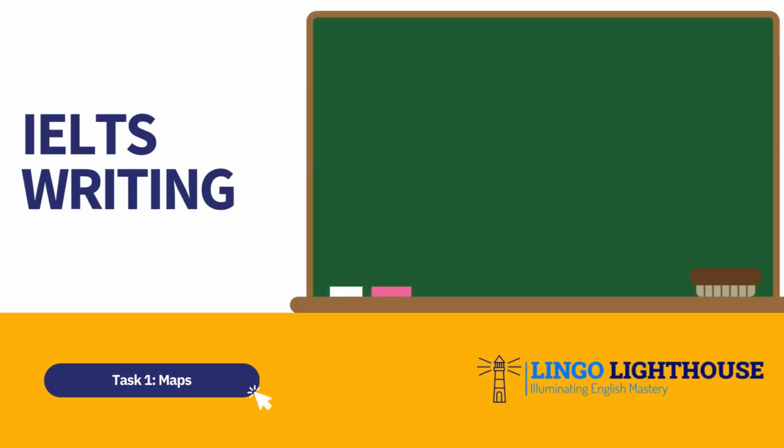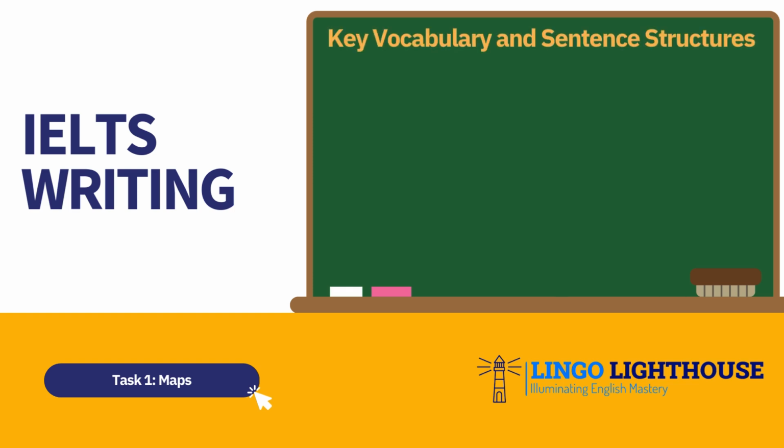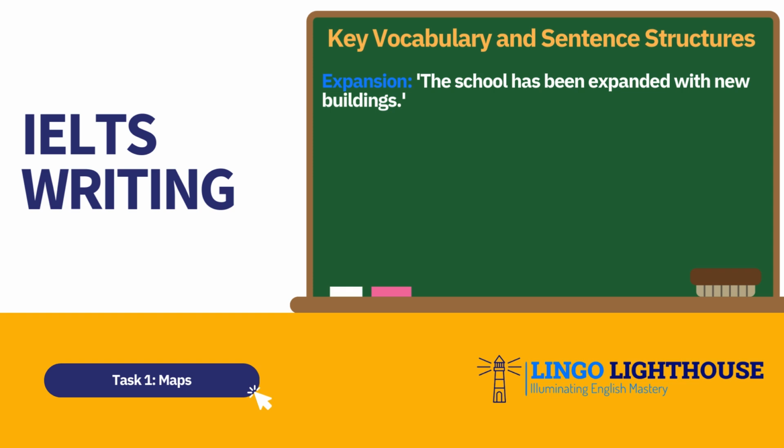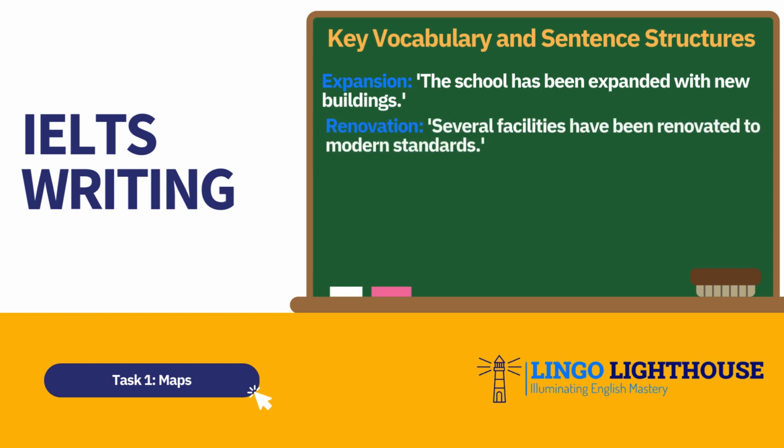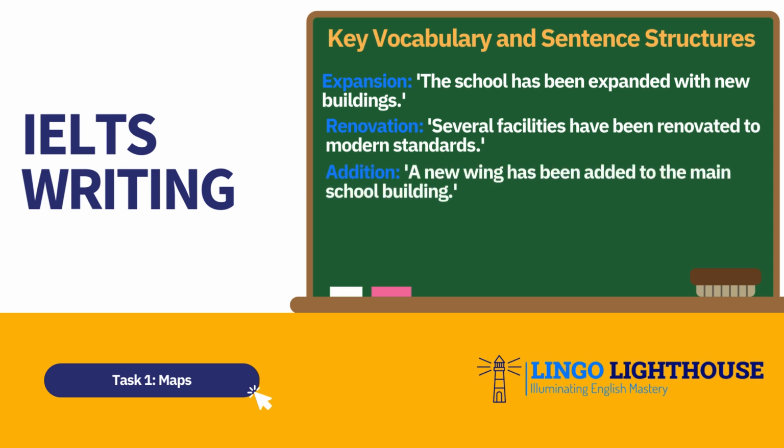To achieve a high band score, you must use varied vocabulary and appropriate sentence structures. Here are some useful words and phrases. Expansion: the school has been expanded with new buildings. Renovation: several facilities have been renovated to modern standards. Addition: a new wing has been added to the main school building.